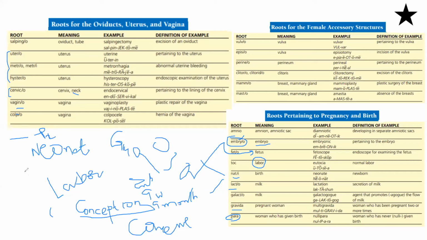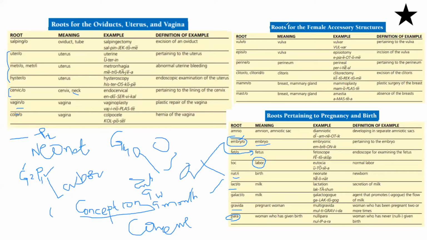So now look at this. Sometimes you will see in the history in a file of patient like G2 para 1. So lady has become pregnant 2 times, but given birth only to 1 child. So 1 child is not born, it was missed. So this is the story, G2P1. We write it like this.